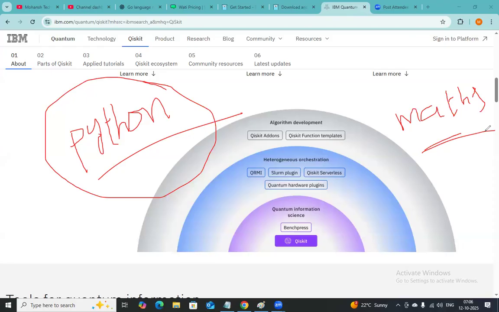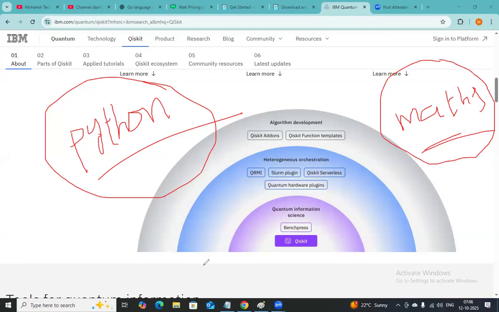Python videos are already available, and even for mathematics, linear algebra, calculus, vectors and probability, whatever may be required, I will upload those videos also. These two are prerequisites to understand quantum computing or Qiskit.